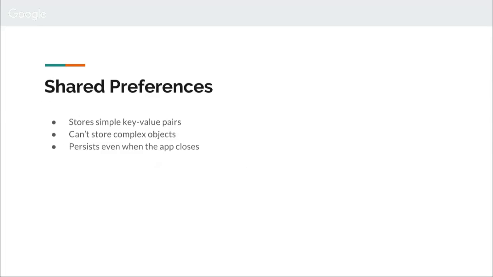But the problem with a shared preference is that it's not going to be able to store a complex object. It won't store an array, or a Java object that we create, like an event class or a student class. It only accepts simple values.